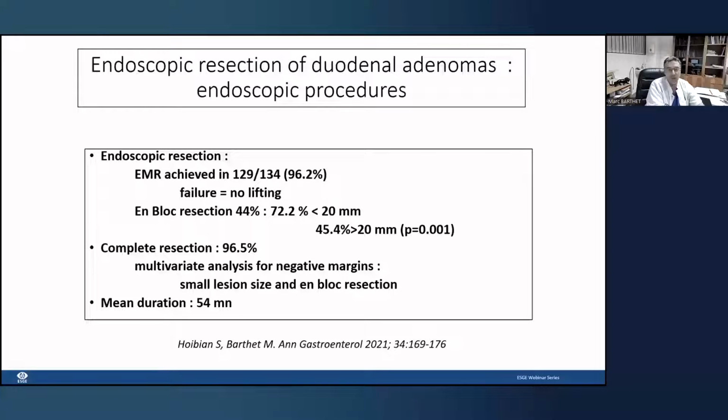Complete resection was achieved in 96% of the cases, and we looked with a multivariate analysis for negative margins, and the best results for negative margins were obtained with small lesion size, of course, and en bloc resection. And the mean duration of the duodenal resection was 54 minutes.